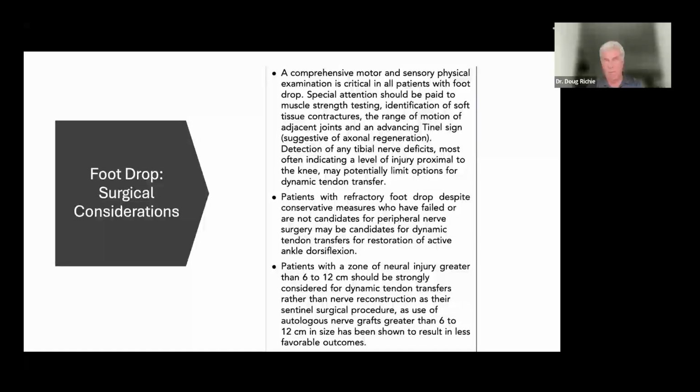Patients who have global polyneuropathy, such as Charcot-Marie-Tooth, are not necessarily good candidates for tendon transfer because the disease is progressive and it eventually involves multiple tendons and muscles in the lower extremity.